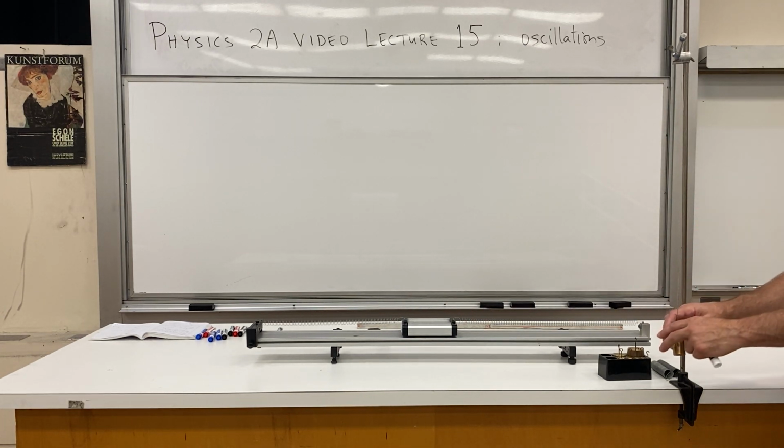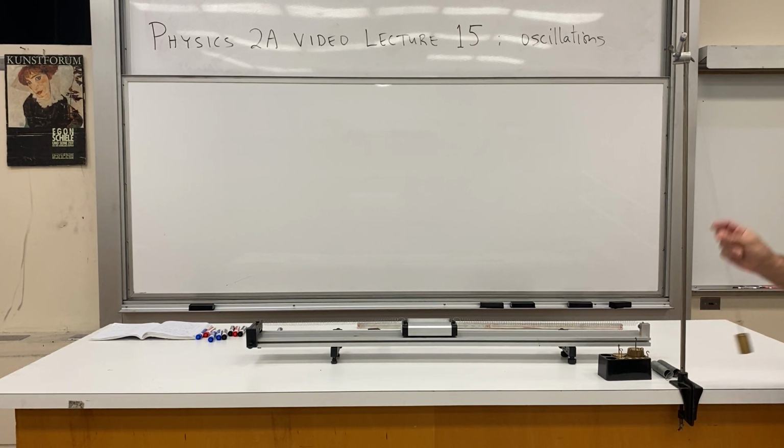This is just a length of string with a mass hanging from the end, and we could count these out as well. And if we count them out for a smaller oscillation, we'd see it was actually the same pendulum, the same period. Okay. A little bit larger, still the same period. Just go ahead and count those out. 1, 2, 3.